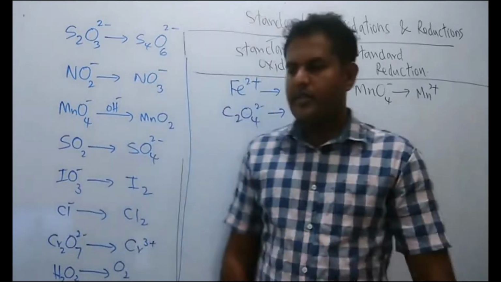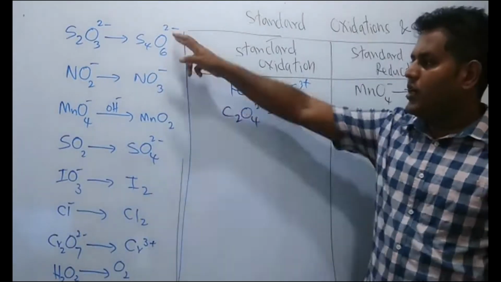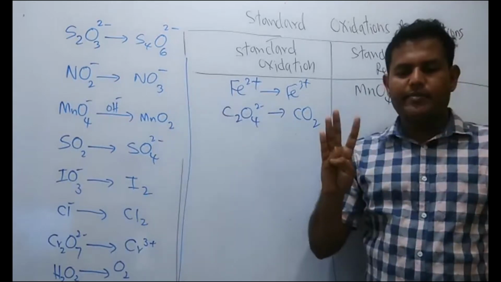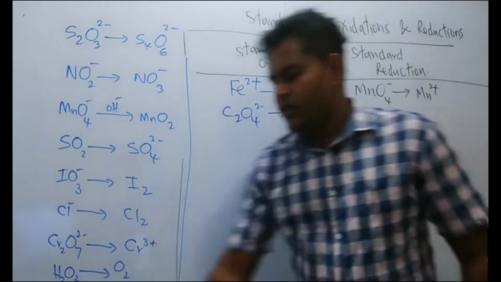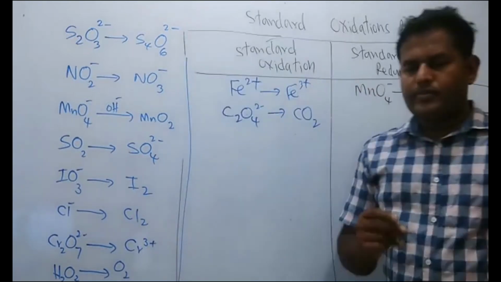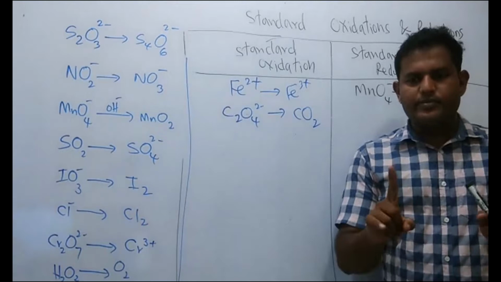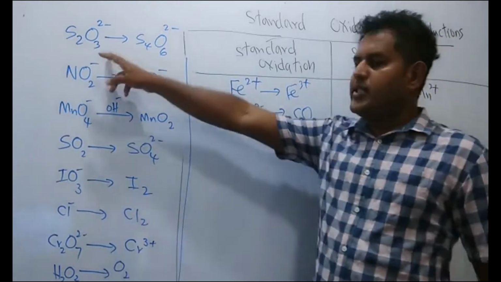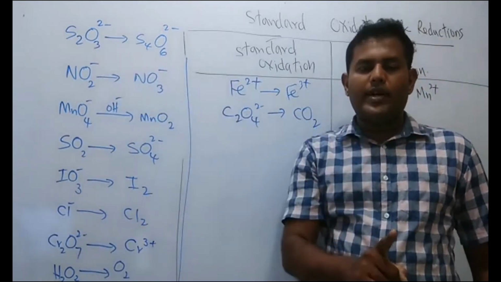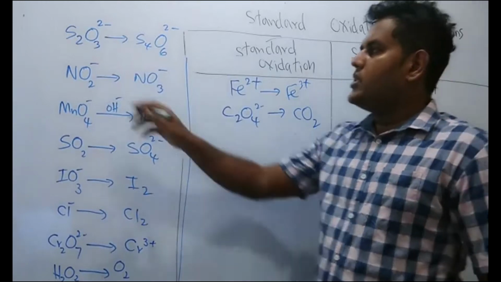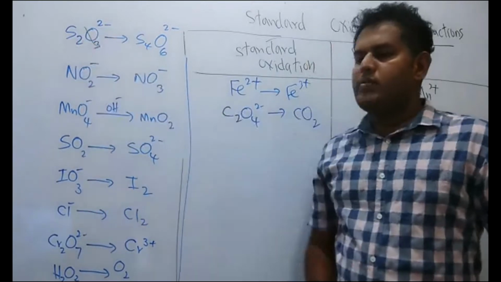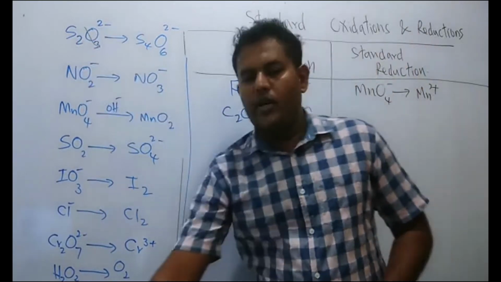Right? So let's discuss the first 1, 2, 3, 4. First 4, because I put a timer then. Just listen well. S2O3 2-, determine the oxidation number of one sulfur atom. Be very careful on this. When one oxygen is -2, 3 oxygens are -6.